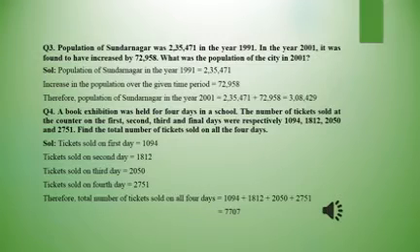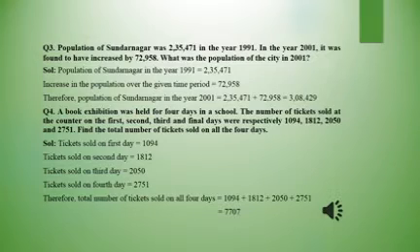We just have to take the population of the place in 1991 and add to it the increase over the given time period, which is 72,958. Add these two numbers and the answer after adding is 3,08,429.